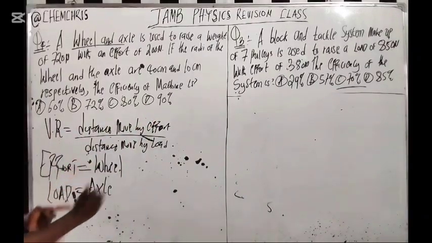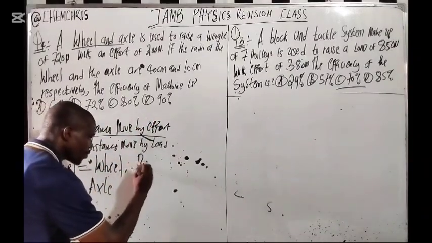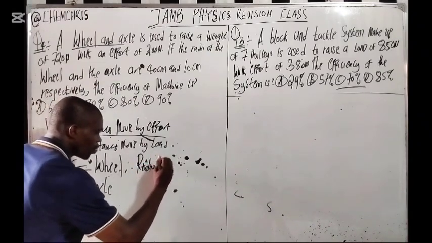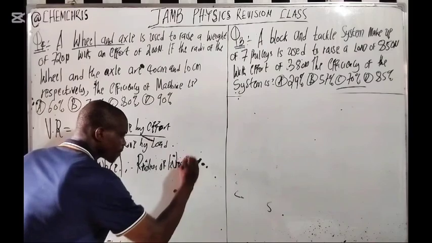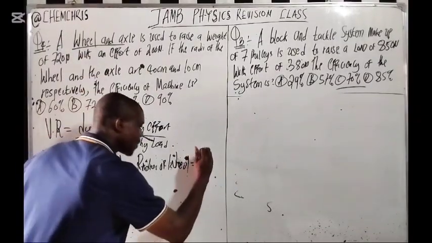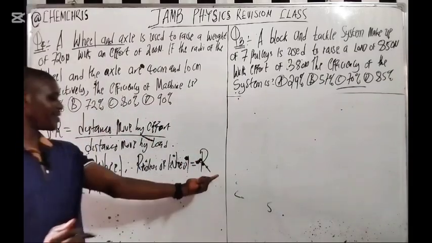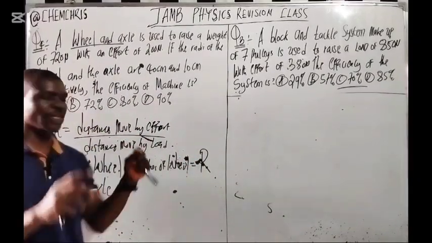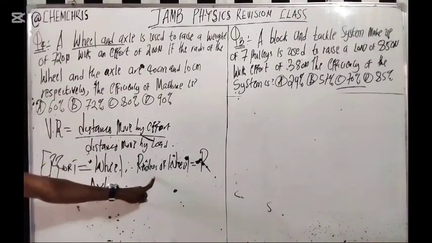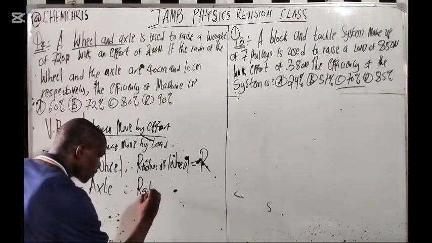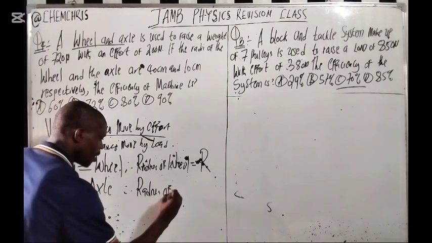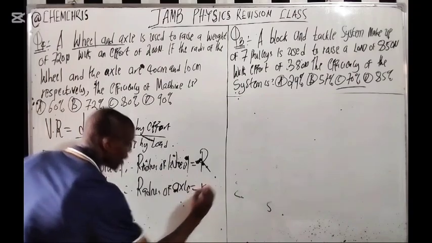The radius of the wheel is very big, that's what you use to apply the effort. So it is capital letter R. The radius of the wheel is capital R. Then the radius of the axle is small letter r.